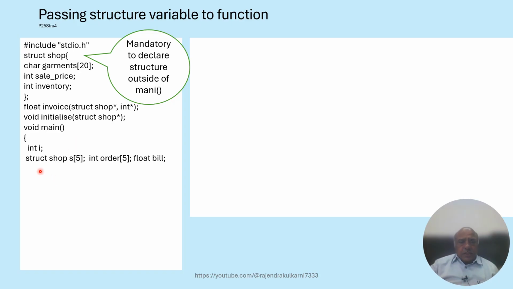Now we have declared in main an array of type struct shop. The name of the array is S and the dimension is 5. We have declared another array named order with dimension 5 and a third variable of type float named bill.